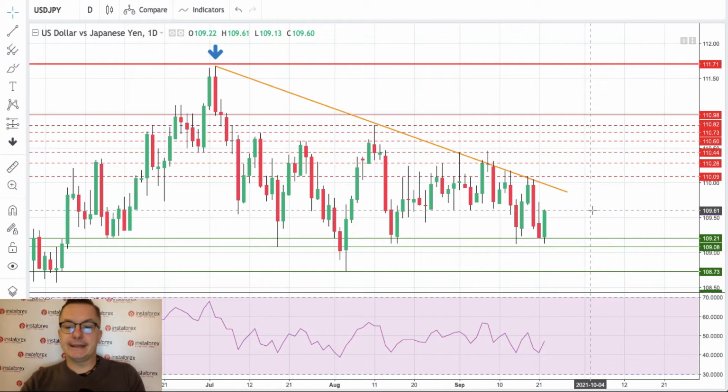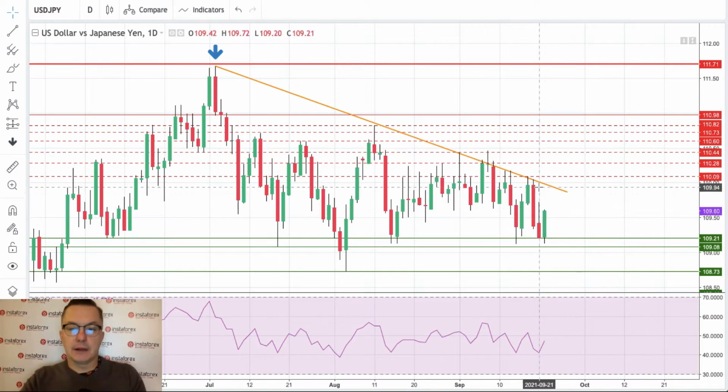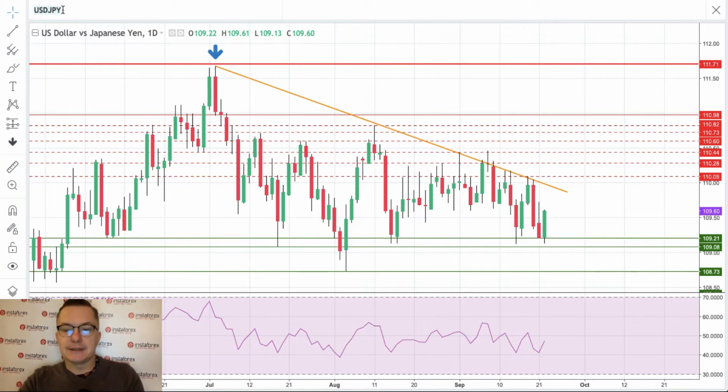Very interesting formation here, very much tradable. This is one of the easiest markets to trade right now. The US dollar to Japanese yen is very much predictable. It's behaving according to some scenarios. So just keep a look at this market, because it's very interesting what is going on there.